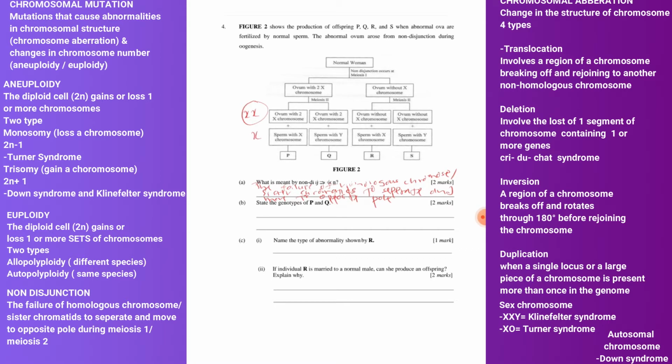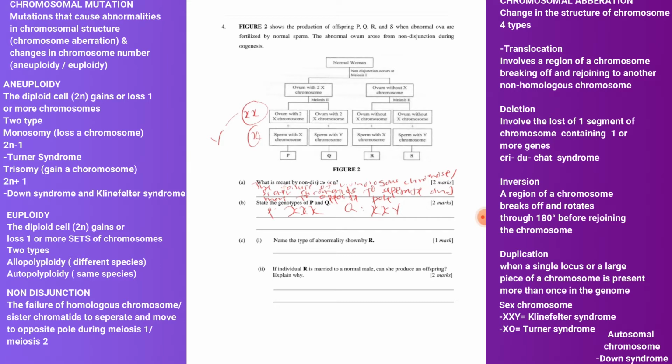So the genotype of P is XXX. For Q, ovum with 2 X chromosome is fertilized with sperm with Y chromosome. So Y chromosome here, so it will form the genotype XXY.